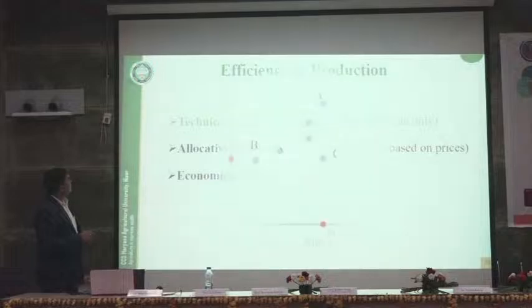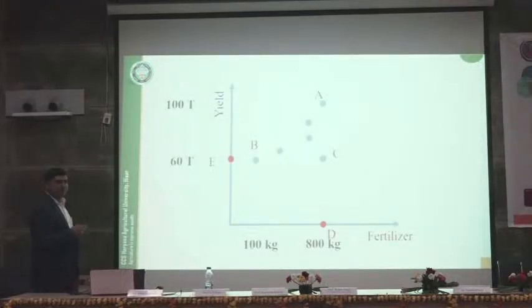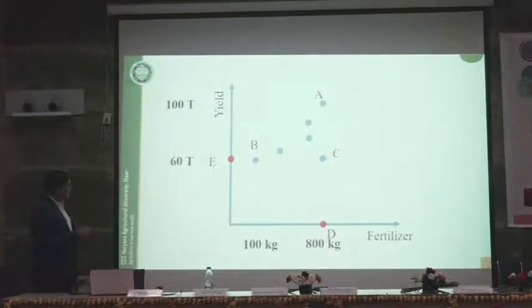So for example, this is the dose of fertilizer and this is, say, yield. Okay, and these are the farmers. At this dose of fertilizer, farmer B produces 60 tons of, for example, say wheat.